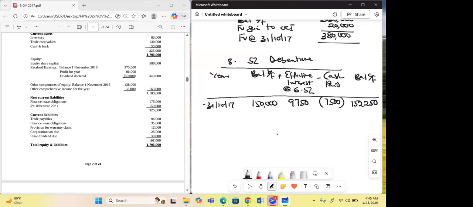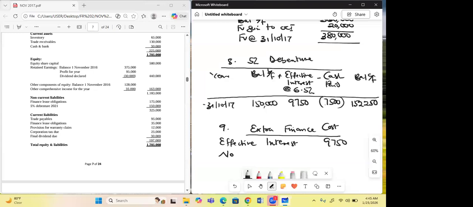So the extra finance cost is the difference between the effective interest. What did the effective interest give us? The effective interest is 9,750. And then the nominal interest.